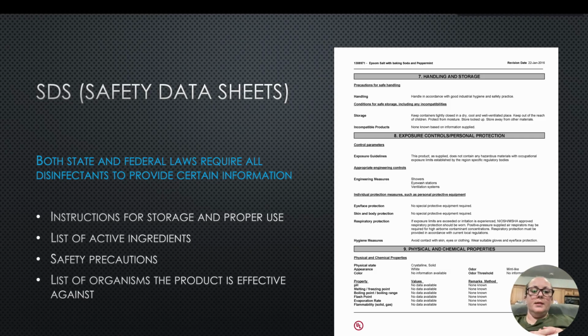This would include instructions for proper use and storage, a list of the active ingredients, any safety precautions when using the product, and the list of microorganisms that the product is effective against. So I'm sure most of you remember back in the early COVID days, Lysol and all these disinfectants started labeling that it kills 99.9% of COVID-19 virus. So that would be an example of some of the organisms that this product is effective against.